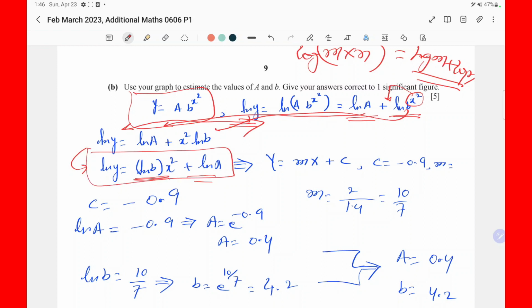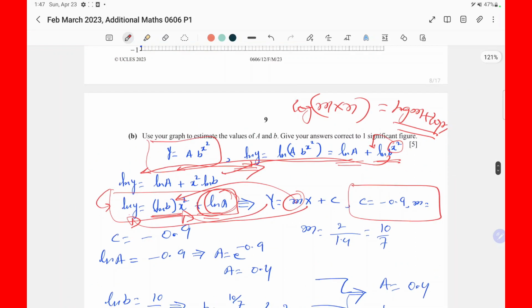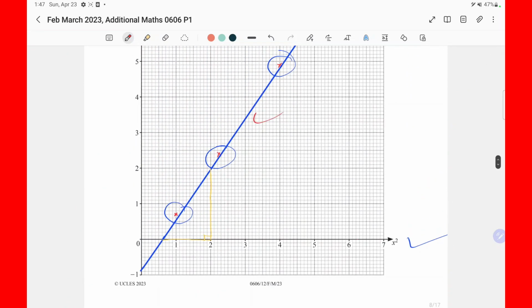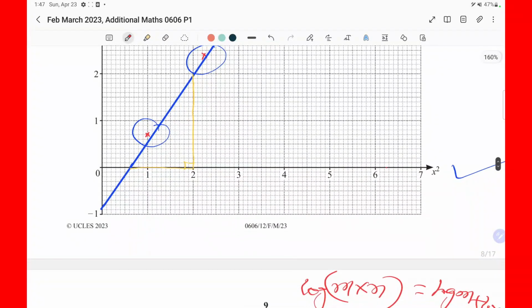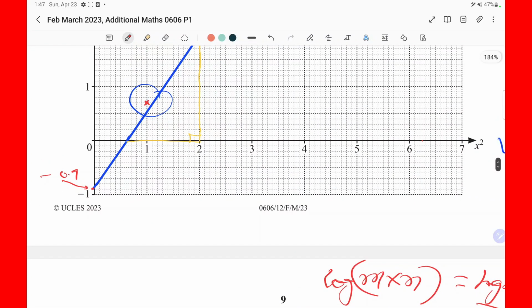If you compare this with y equals mx plus c, then y is this ln y, and x is x square, and m is ln b, and c, like the y-intercept, that's ln a. Now I have to check my graph. C means y-intercept. So here, if you observe, this is your graph. It is intersecting your y-axis somewhere here, which is approximately minus 0.9.